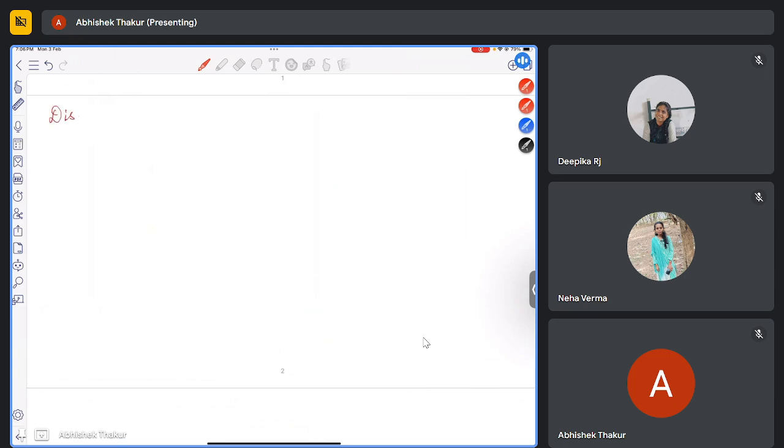We'll start with discrete time LTI system.